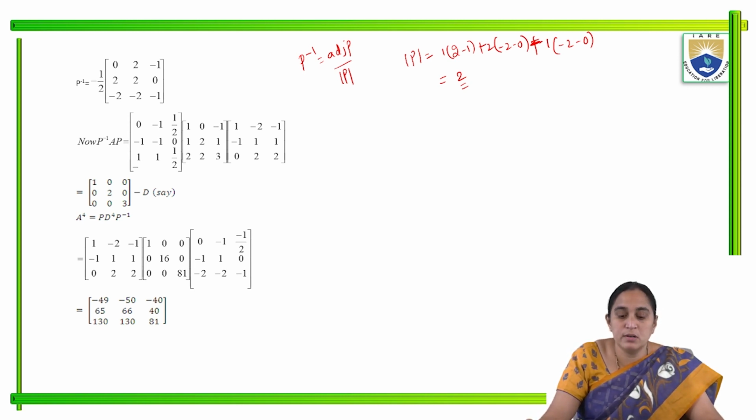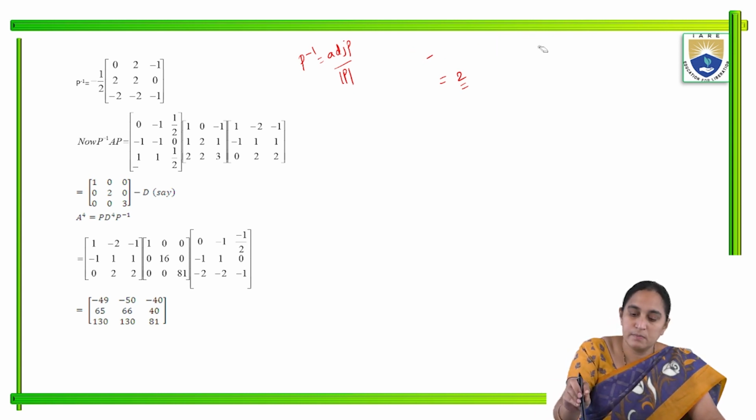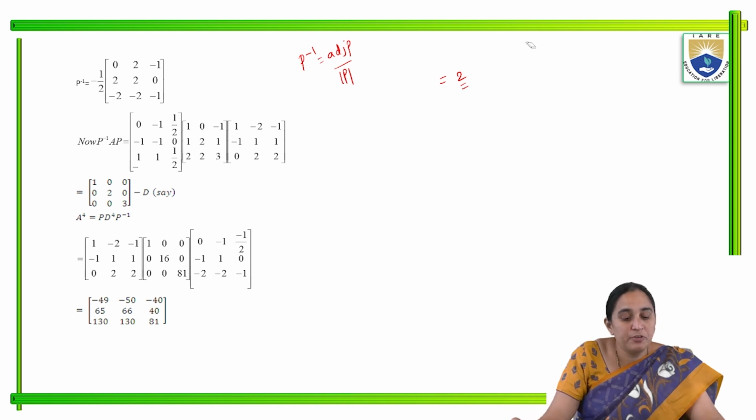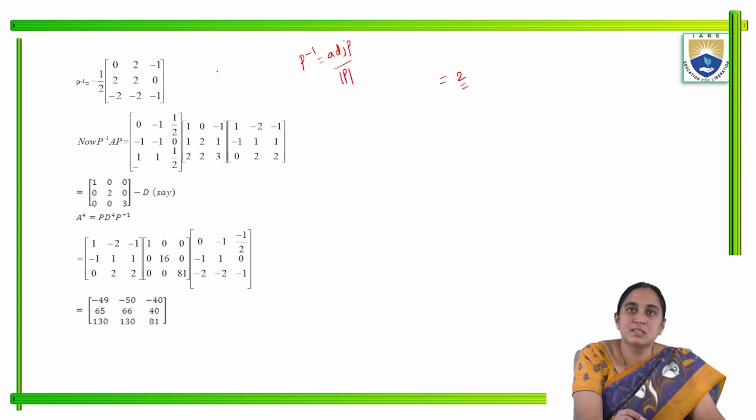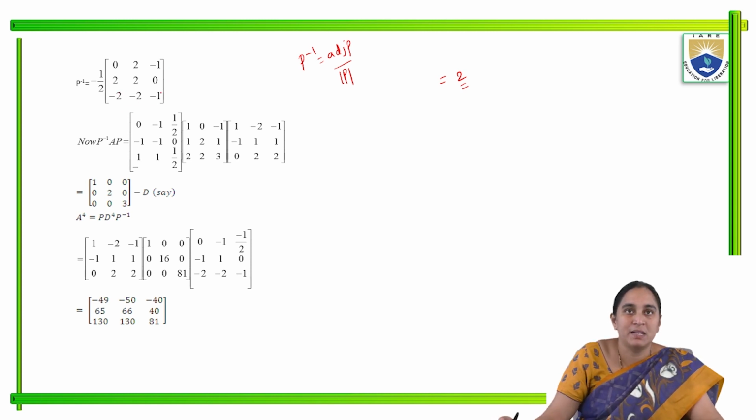P inverse is equal to adjoint P by det P. From that, det P value is equal to 2. Now we have to find the adjoint of P. Adjoint of P formula we already discussed in the last class. According to that we get 0, 2, minus 1, 2, 2, 0, minus 2, minus 2, minus 1.